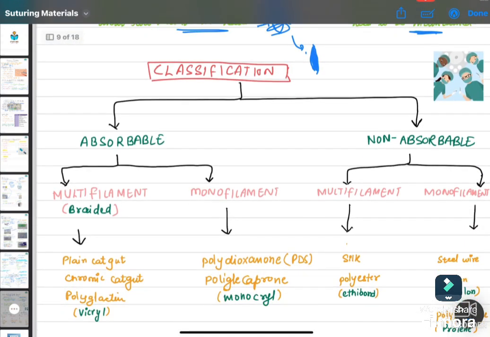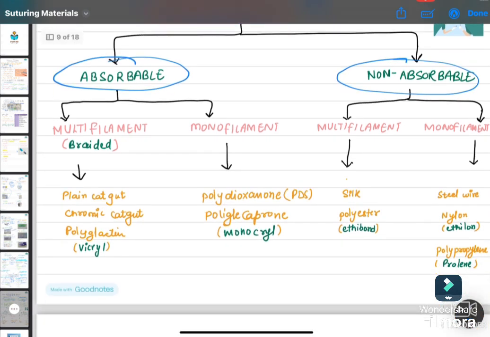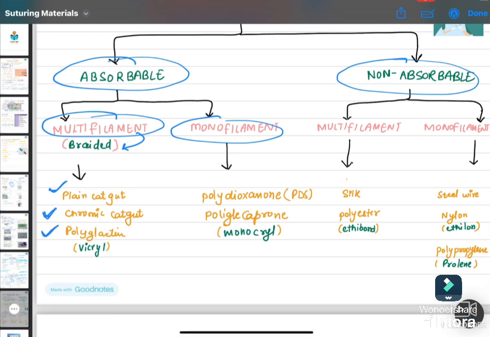Now classification. Now we are going to sum up what we have learned in this video. Classification: the suture material will be absorbable or non-absorbable. Absorbable suture materials could be monofilament or multifilament. Multifilament means braided. Examples are plain catgut, chromic catgut, and Vicryl.